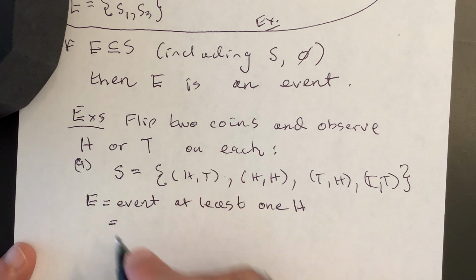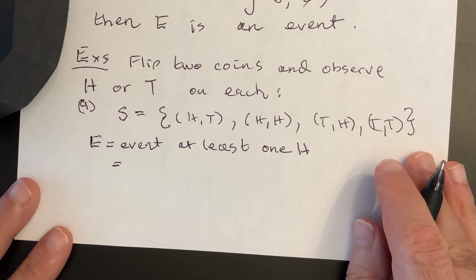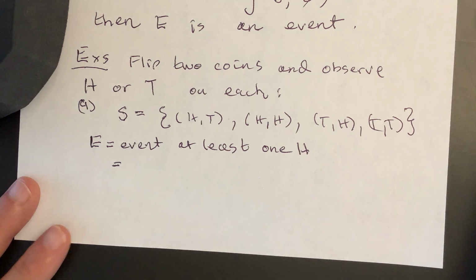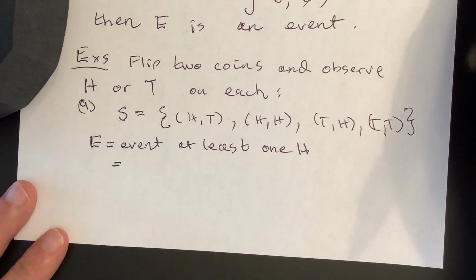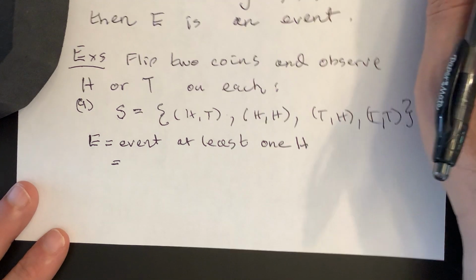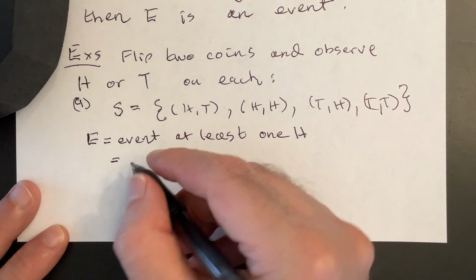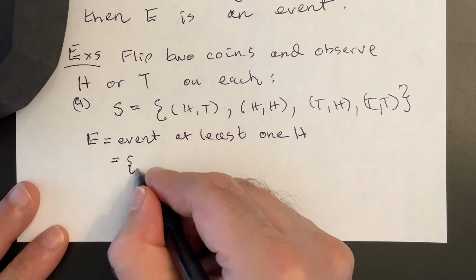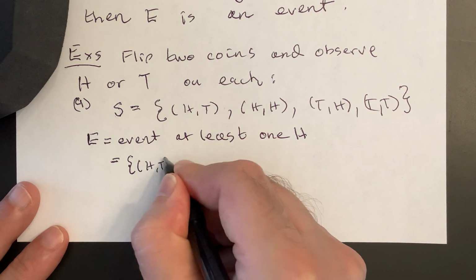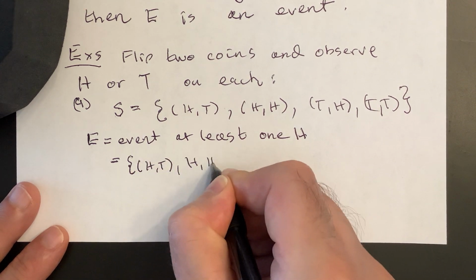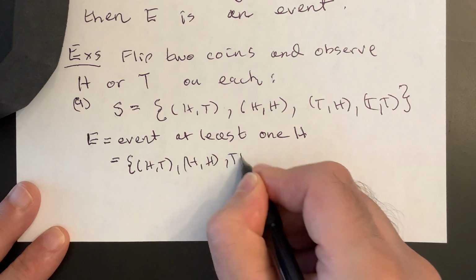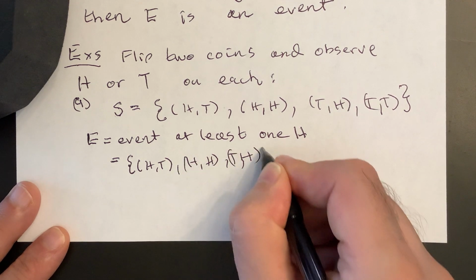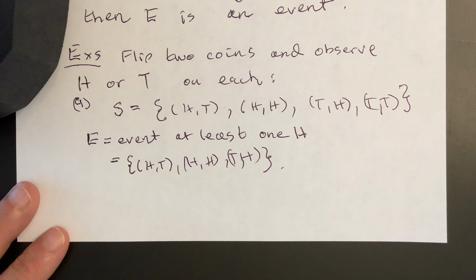Sometimes it's more convenient, and sometimes it's not even possible really to enumerate the elements, but you have to know that it is still a subset. So this would just be HT, HH, and TH. Okay, so that's a subset, that's an event.